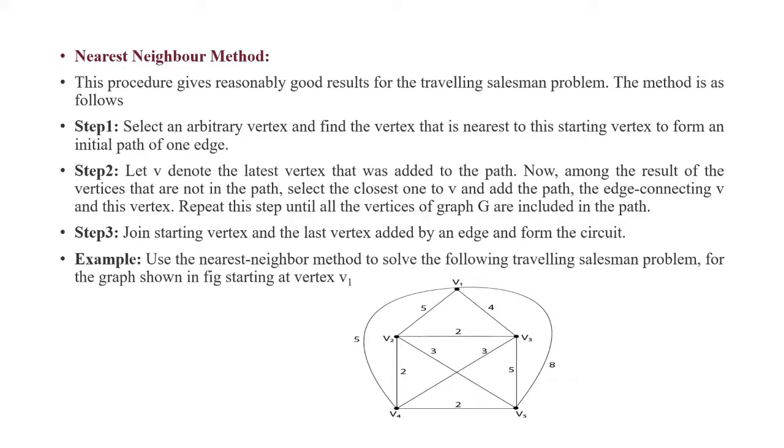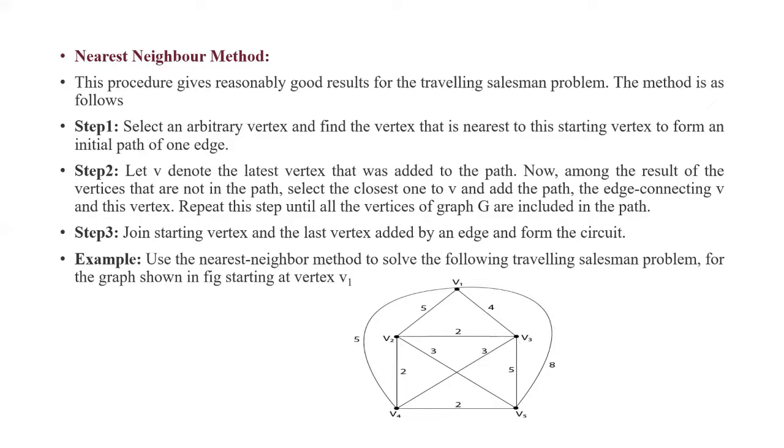So whatever latest vertex was added to the path, among the vertices not in the path, select the closest one to this V and add it to the path.